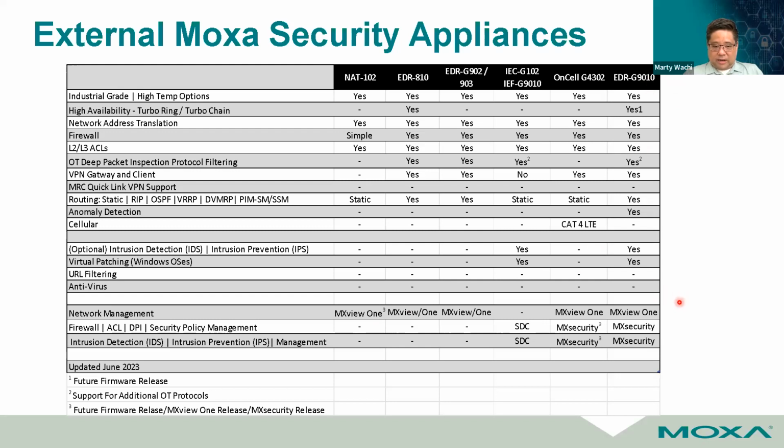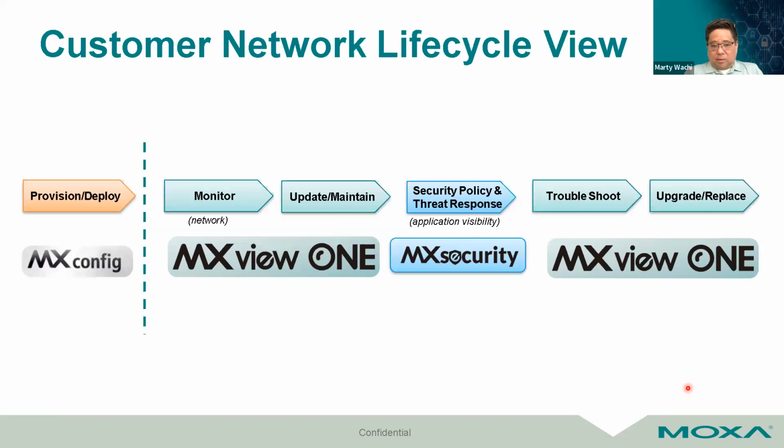You can see that we're adding a lot of security features across the platform, and these are all being managed by a common set of management tools and security policy managers, which we'll talk about in a little bit more detail. As we talked about before, one of the concepts of going beyond device level management, we'll start to manage at scale.